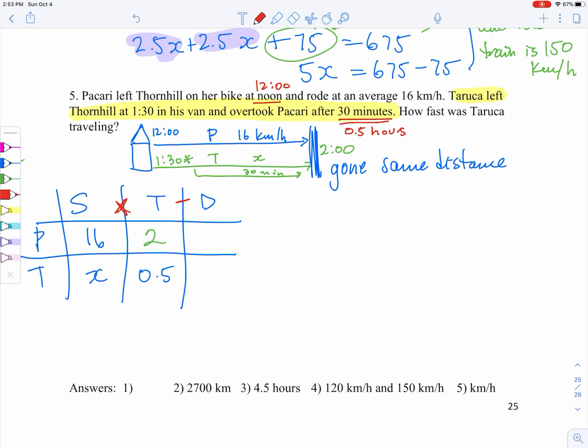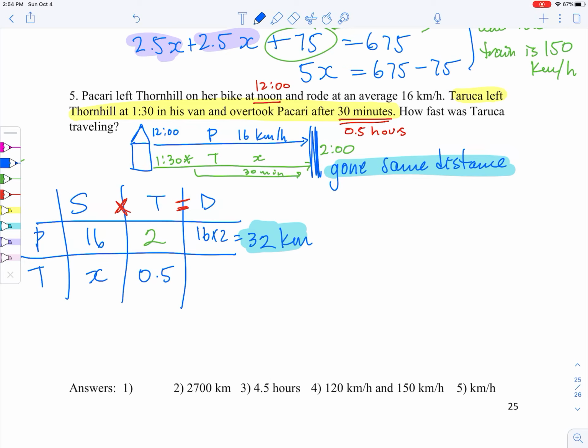Speed times time equals distance. So for Pakari, speed times time is 16 times 2, which equals 32. So that's the total distance. We now know the total distance that they both traveled. They've gone the same distance, 32 kilometers.